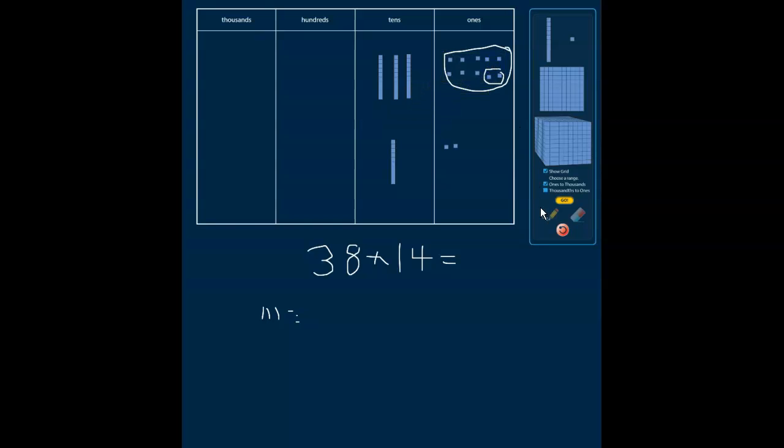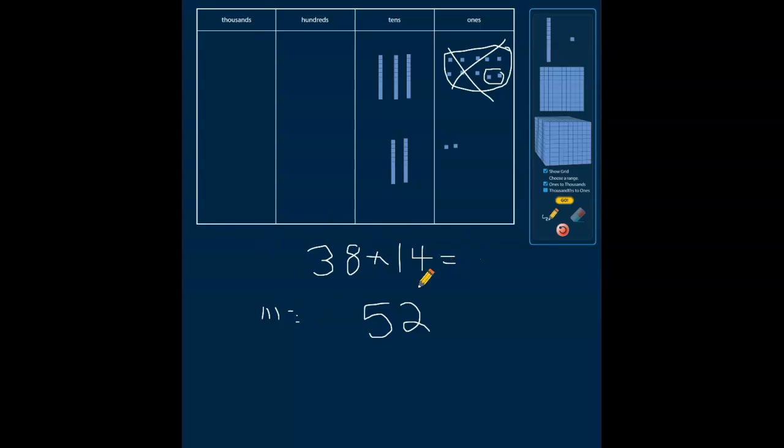Or what I'll do for visual representation here is I'm going to cross them off and I'll drag a 10. So now what do we have? Now we have 3, 4, 5 tens. All right, so now we have 5 tens and 2 ones, which is the sum of 38 plus 14.